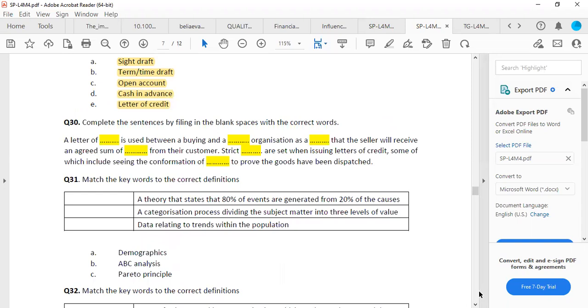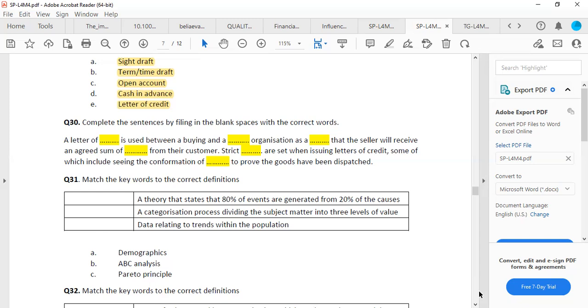Question 30. Complete the sentences by filling the blank spaces. Letter of credit.